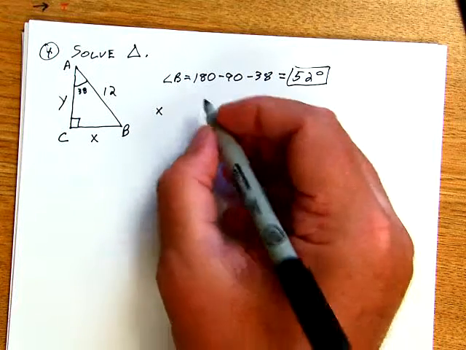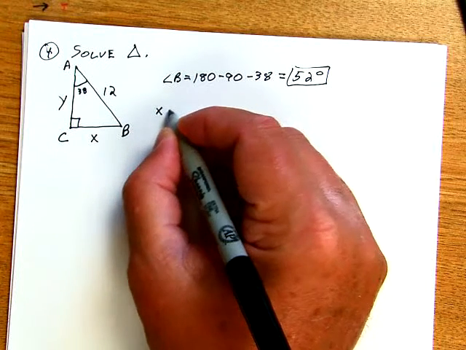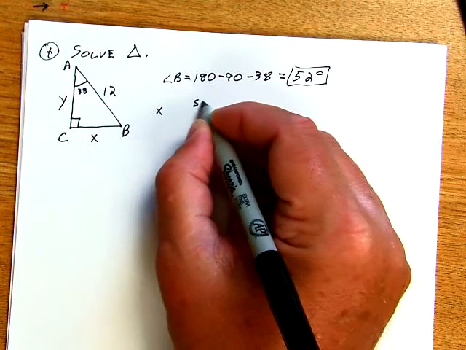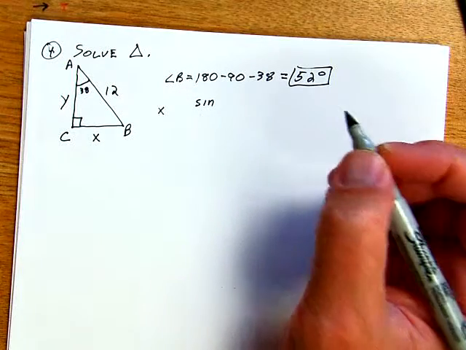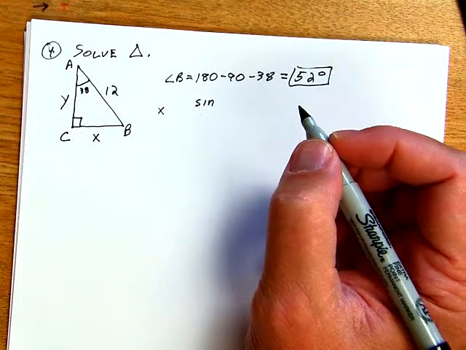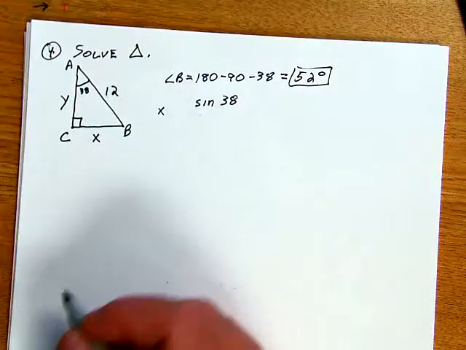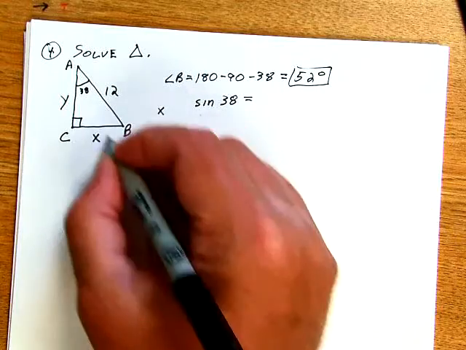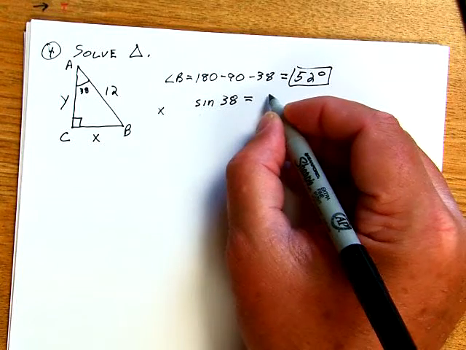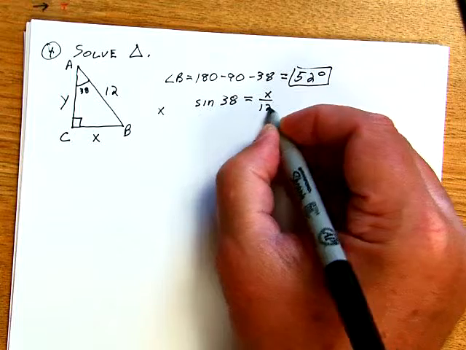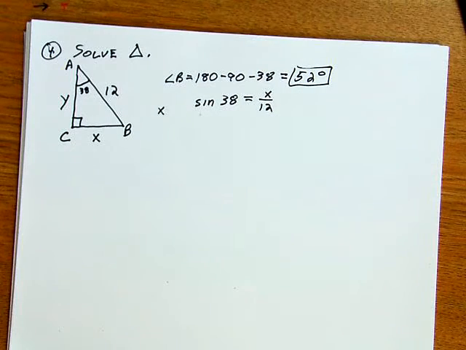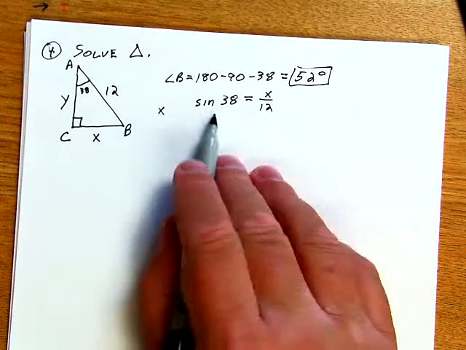When we're doing X, we do what? We say sine of 38 degrees, angle A, is equal to opposite X over hypotenuse 12. And now we've got an equal sign here.